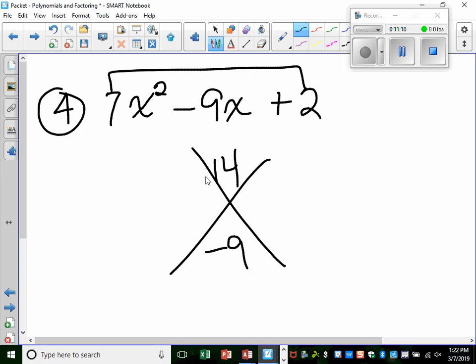All right, so let's think. What times what will give you 14 but add up to negative 9? Yes. All right, negative 7, negative 2. Do we agree? It'll give me a positive 14 and adds up to a negative 9. What do I divide by? All right, so 7.